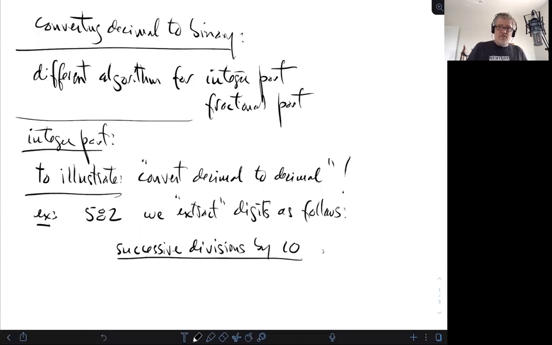Okay, so when we go to binary, it'll be successive divisions by 2. That's how we're going to get the bits out of the number. So let's see what happens if I just do it in decimal.